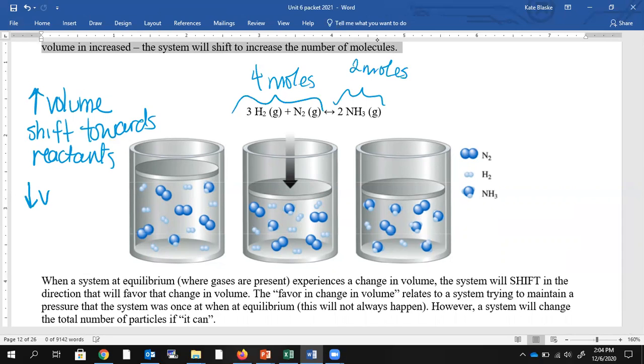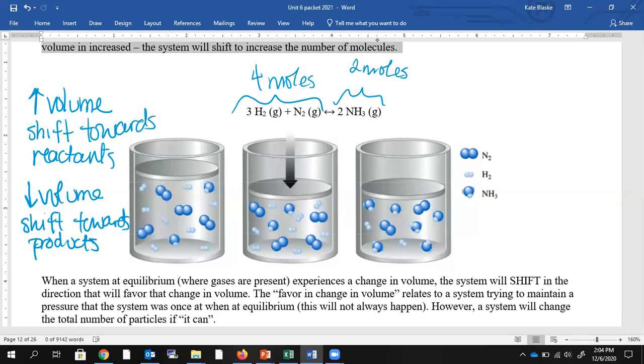If I decrease my volume, I'm going to shift towards my products, because in this case, I have less particles on my products. If I have less volume, that's going to compact those molecules a little bit more. It's going to save some space.